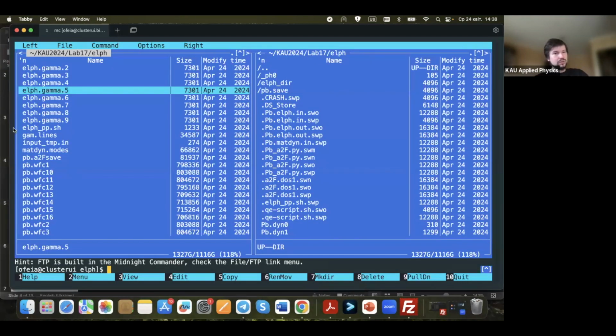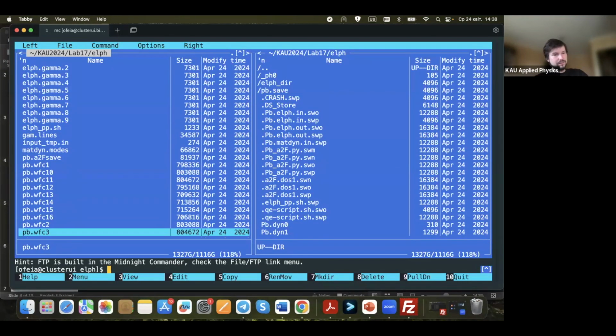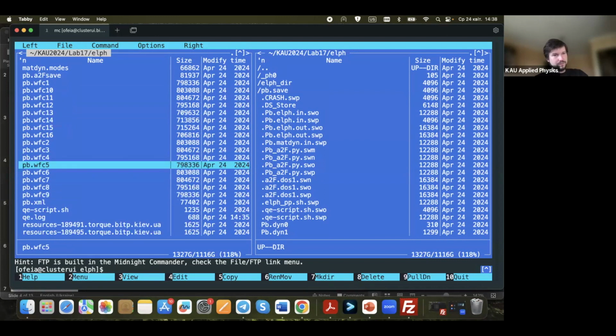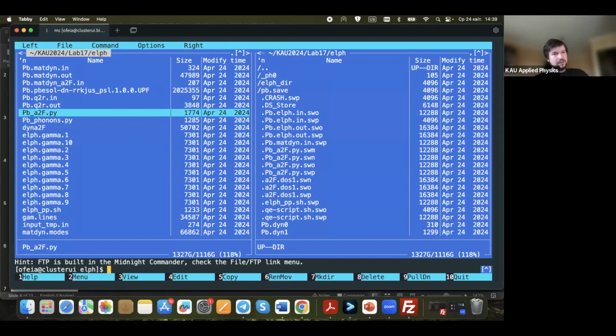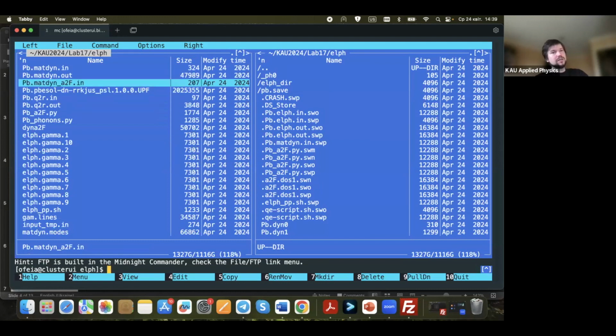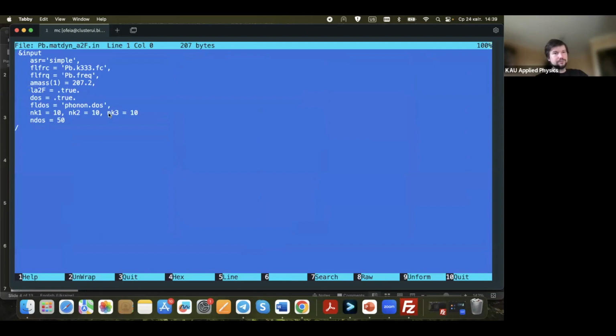I had to do it with this 13. It's also matdyn. I called it matdyn A to F just to highlight that it's for the spectral function.